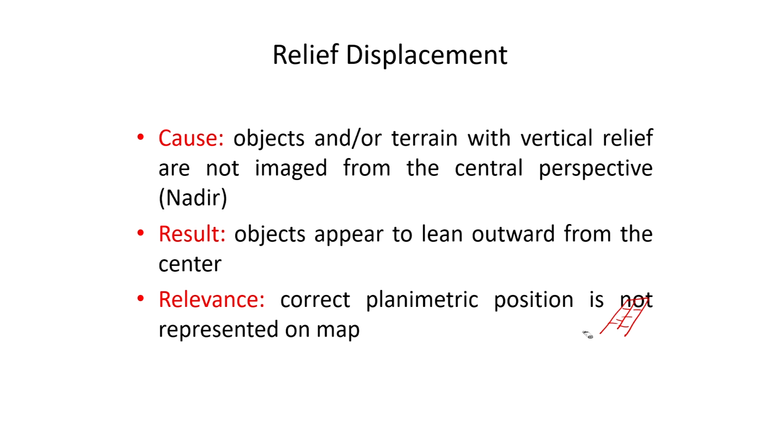The relevance is that the correct planimetric position is not represented on the map. This is what we get if there is tilt in the photograph, or the terrain is not flat but inclined, or if we are imaging away from the center.